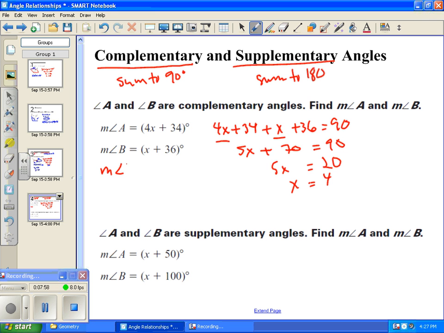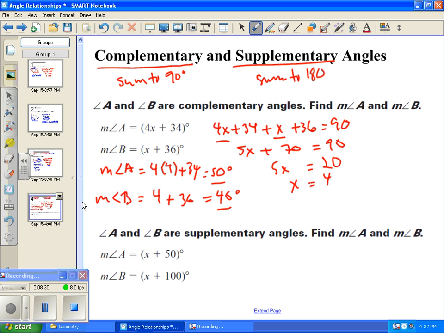So measure of angle A equals 4 times 4 plus 34. That's equal to 50 degrees. And the second angle, measure of angle B, that's 4 plus 36. And that's equal to 40. And notice that both of these angles add up to 90, which they should, otherwise we have a problem.